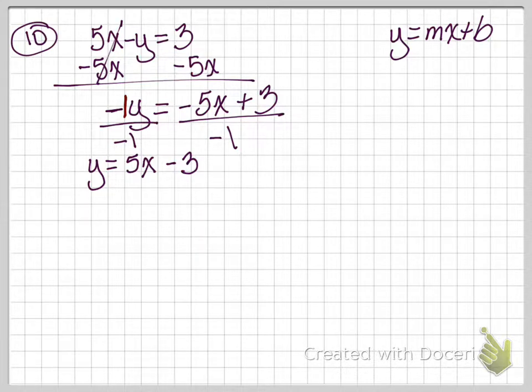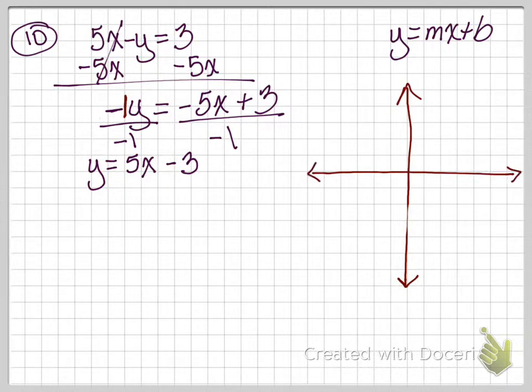Now, I am graphing using the slope-intercept form of a line. Okay? My slope is what? In y equals mx plus b, what represents slope in my formula over on the right-hand side?